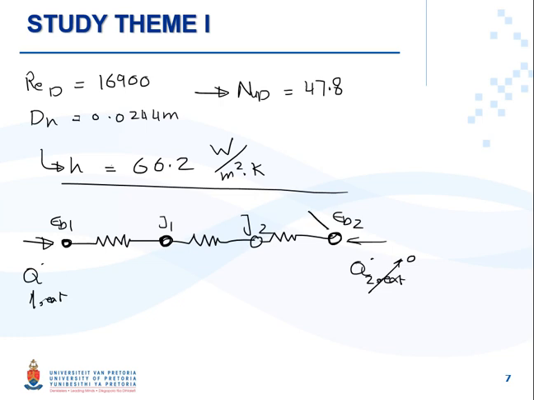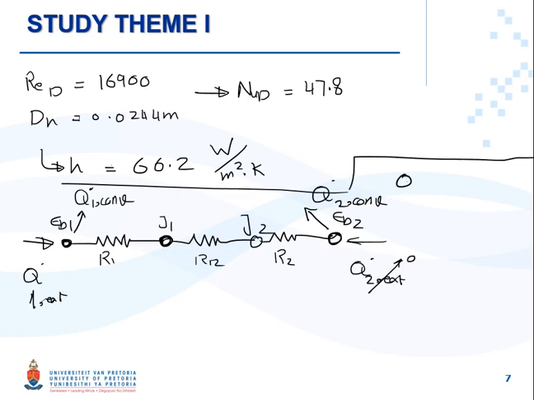We have Q2 convection. Here we have Q1 convection, R1, R12, and R2. We also know that Q2 radiation is equal to minus Q2 convection. Why? Based on the energy balance that we wrote for surface 2.